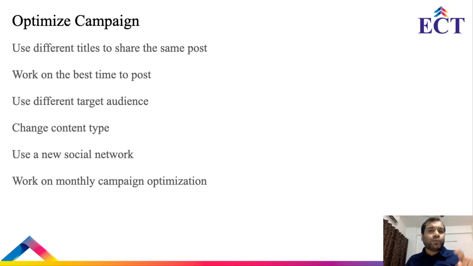So we started posting the same question in image format by designing it, and it increased the engagement by around 12 to 13 times more. So sometimes just by changing the content type you get more engagement, right? So this was about content type.